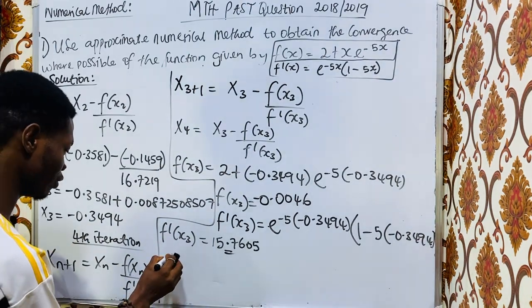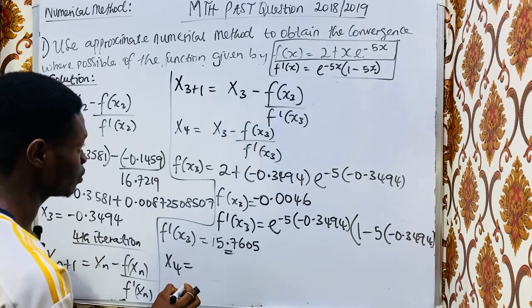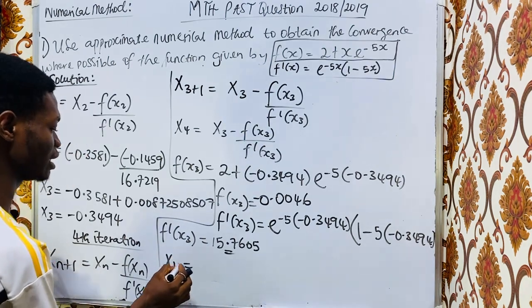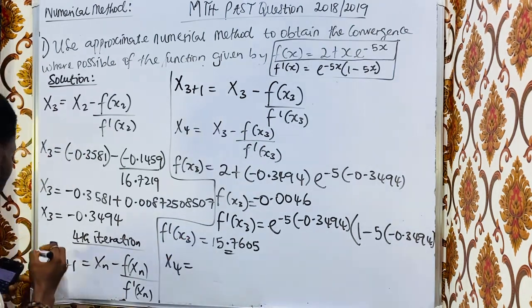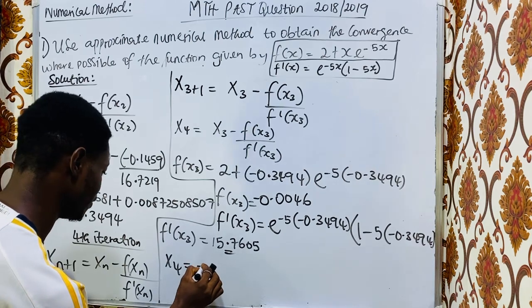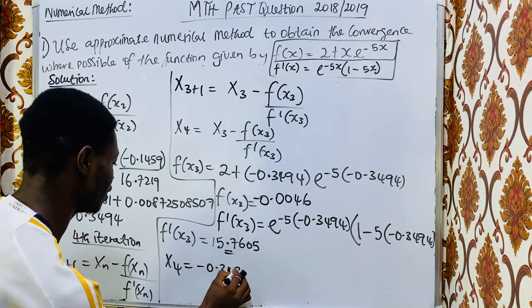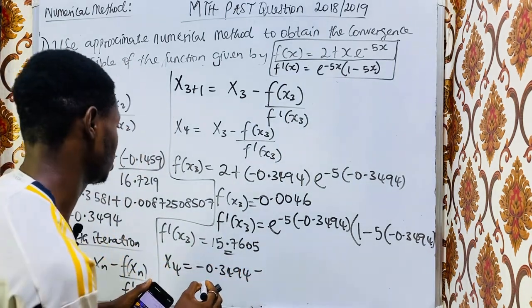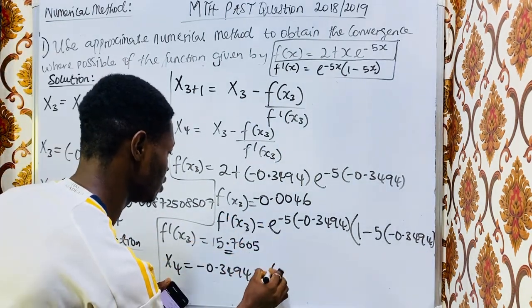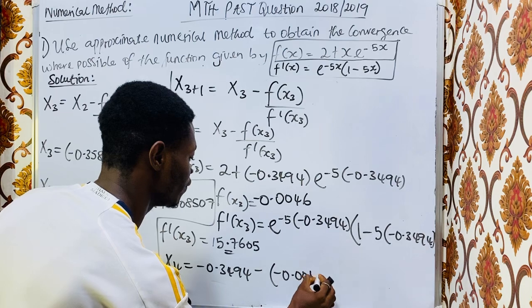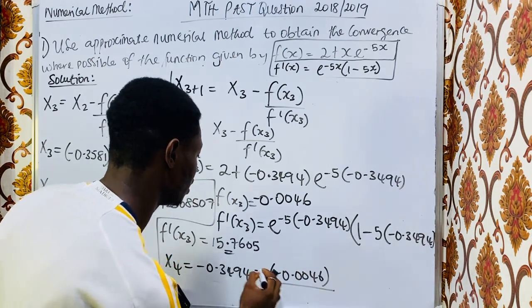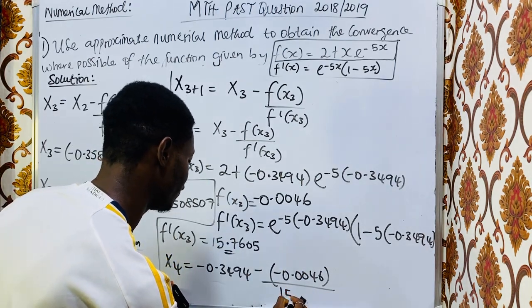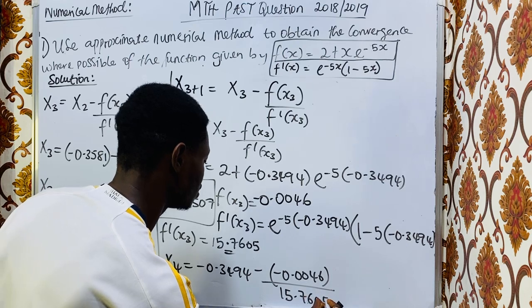So our x4 will now be x3, which is, what's our x3? This negative 0.3494, then minus f of x3. What's our f of x3? This 0.0046, all over f prime, which is what? 15.706.